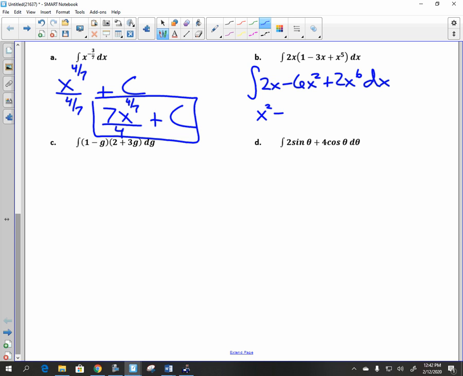What's the antiderivative of 6x squared? 2x cubed. What's the antiderivative of 2x to the 6th? 2x to the 7th over 7. Am I done? Plus a constant, otherwise it's wrong.